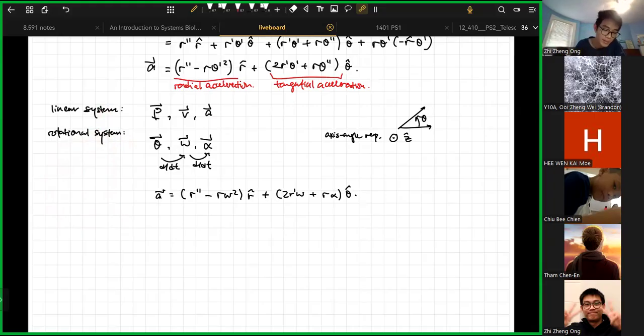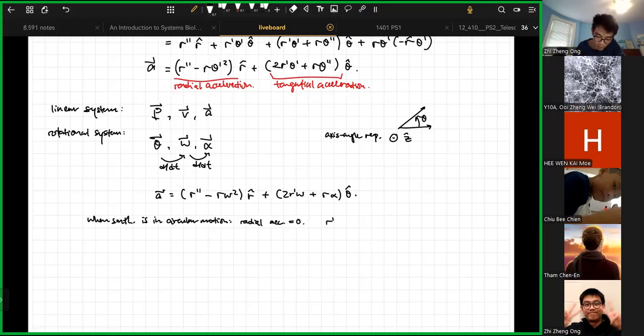So it doesn't accelerate in the radial direction. The point stays on the circle, so it doesn't move radially. That means the radial acceleration is equal to zero.